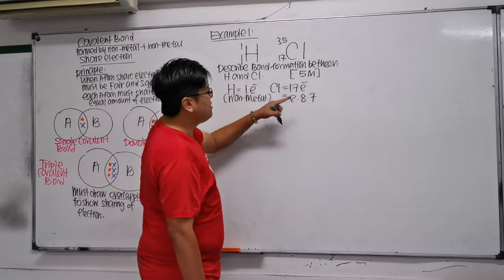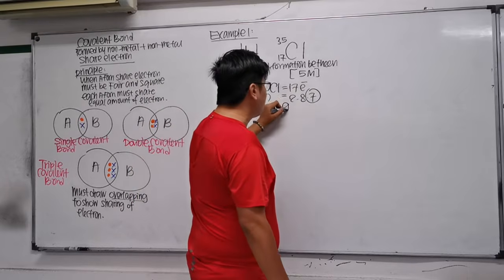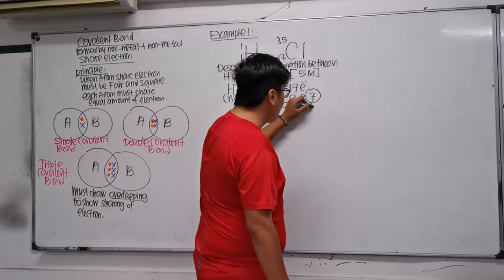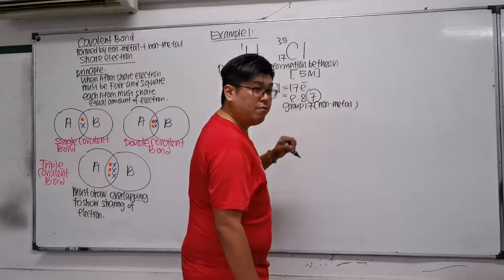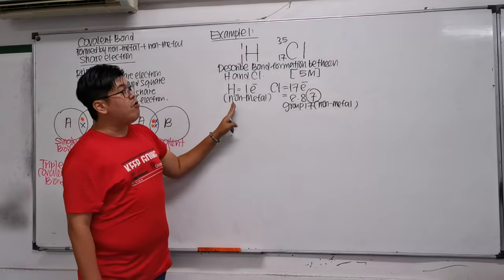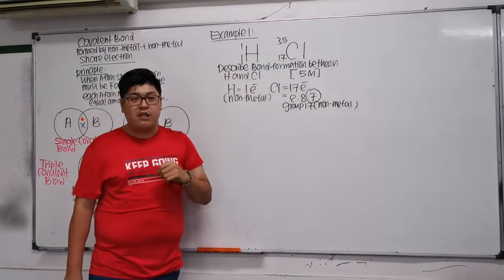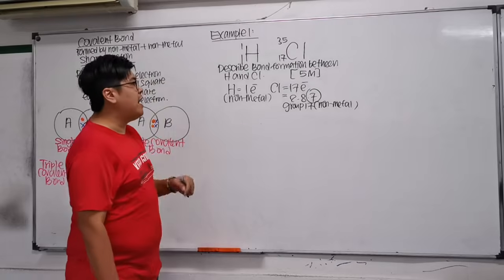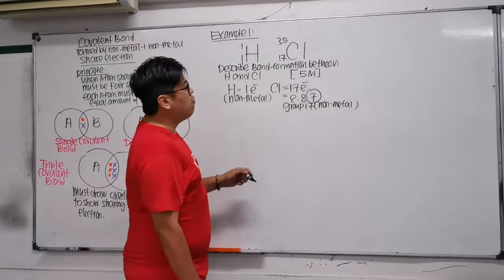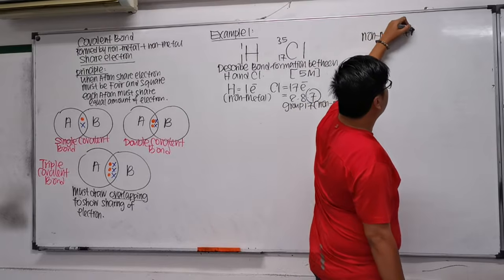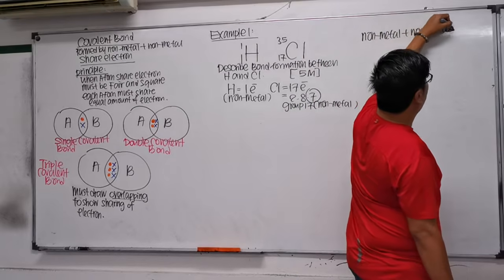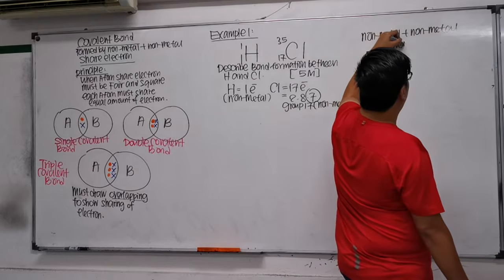Chlorine has 7 outer electrons, which is group 17. When you're in group 17, you are a non-metal. So far, so good. We have non-metal hydrogen and non-metal chlorine. Non-metal, what do we form? Covalent. When we have non-metal joining with non-metal, we are supposed to get a covalent bond.